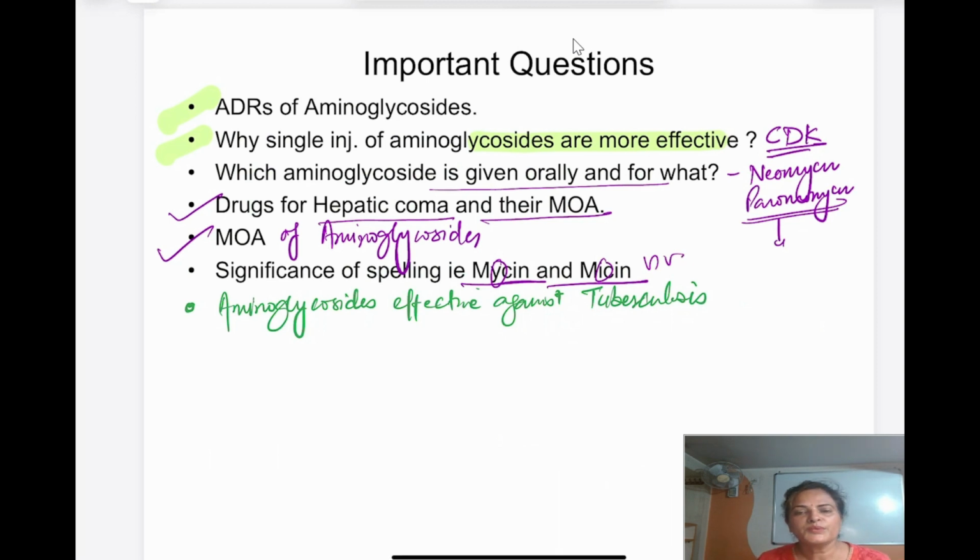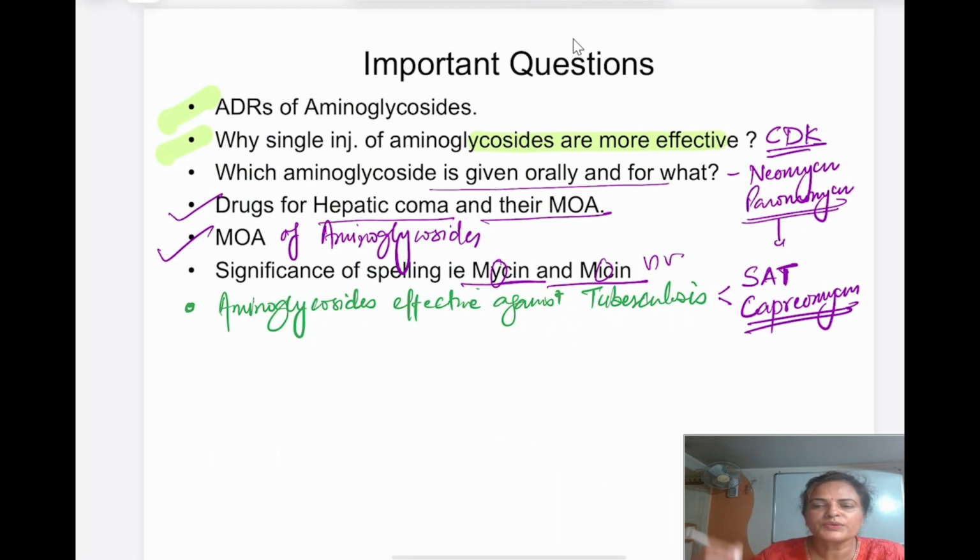And aminoglycosides which are effective against tuberculosis: remember this as SAT. S is streptomycin. A is amikacin, and then tobramycin, with kanamycin as the alternative. And CAT: C is capreomycin. This is not an aminoglycoside; it is a peptide antimicrobial agent.